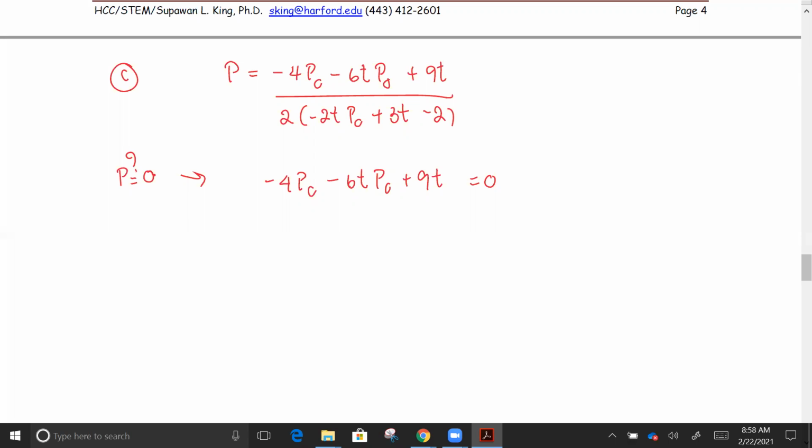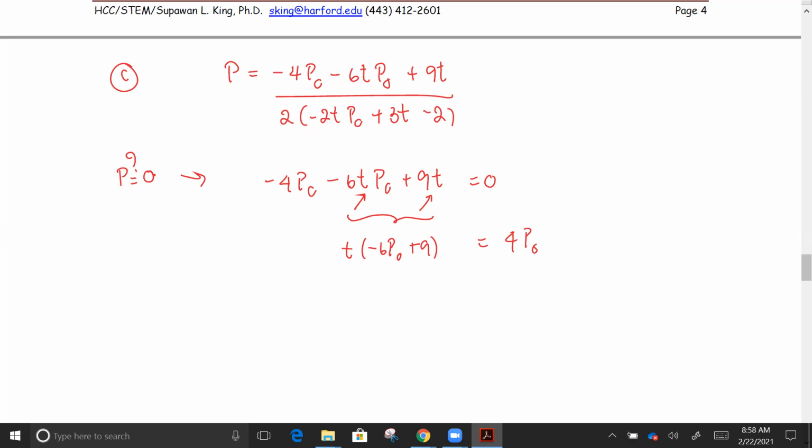Okay, to solve for t, you can see that we have two terms containing t. Keep these two terms and move negative 4p0 to the other side, and at the same time we factor the t out for these two terms, so you get t times negative 6p0 plus 9 equals 4p0.